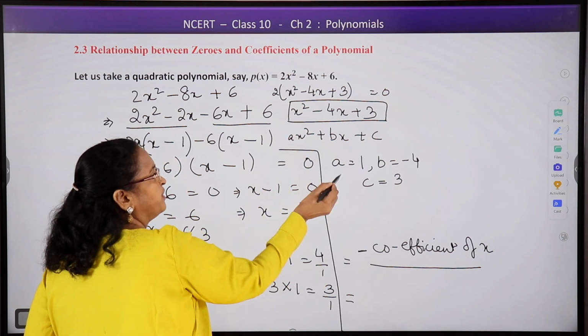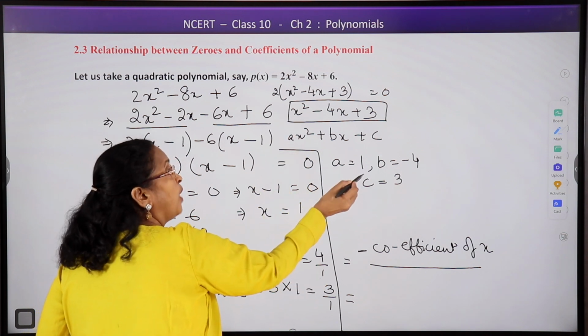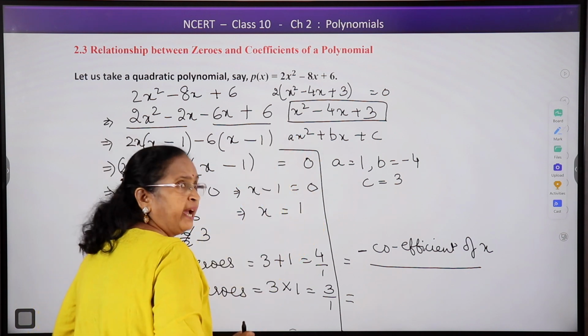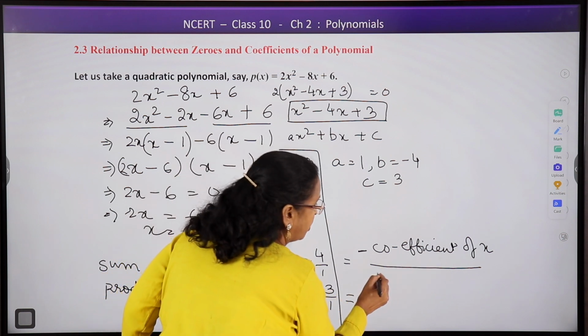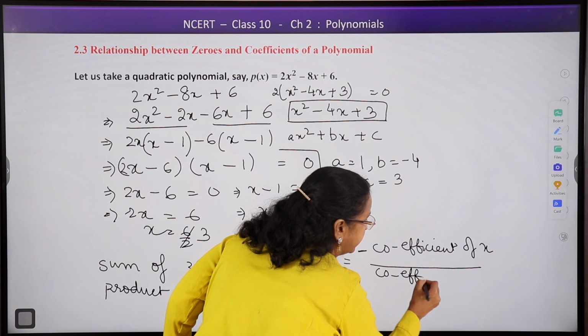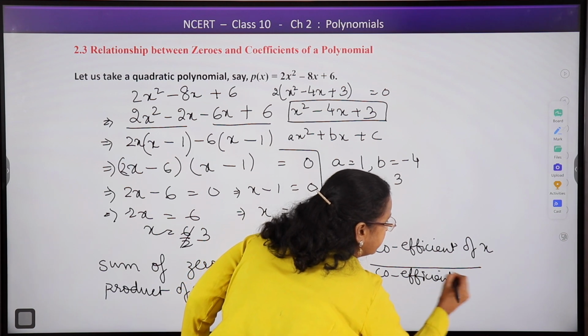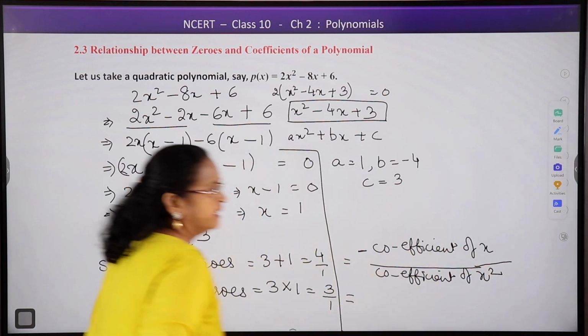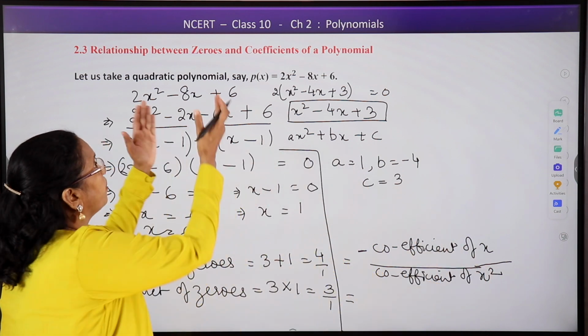Where do we get 1? A. What is A? Coefficient of x square. So minus coefficient of x by coefficient of x square.